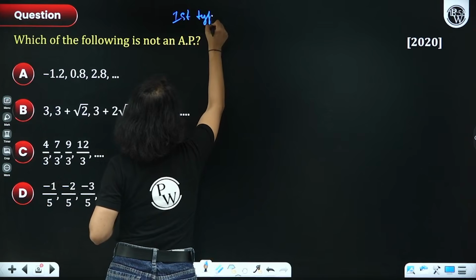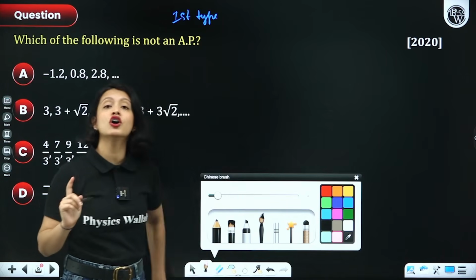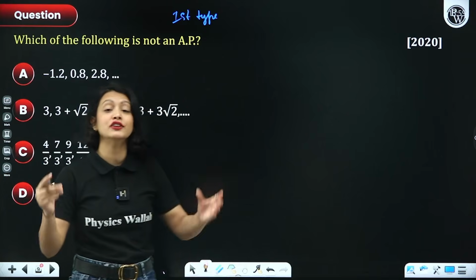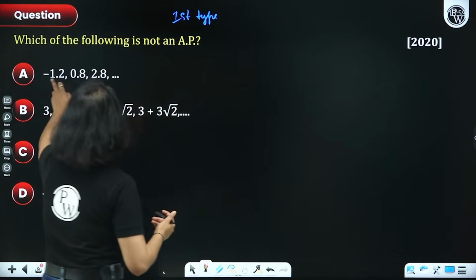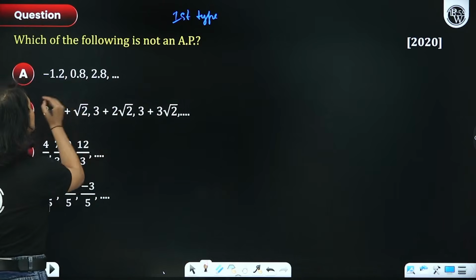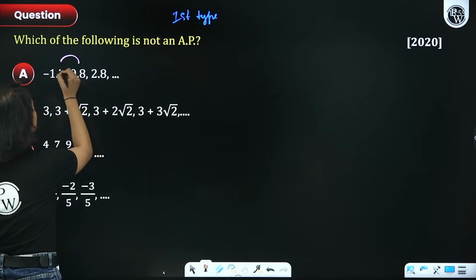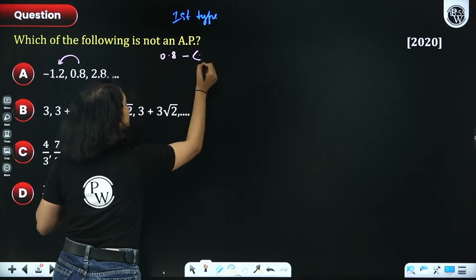How do you figure out whether the given sequence is an AP or not? You figure out the common difference of consecutive terms and you see whether the common difference is coming out to be the same or not. For example, let's start with the first one, everyone. Negative 1.2, 0.8, 2.8, right? So here, what you will do, you will first figure out A2 minus A1. So that means 0.8 minus negative 1.2.